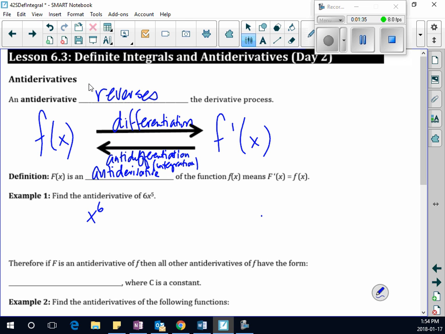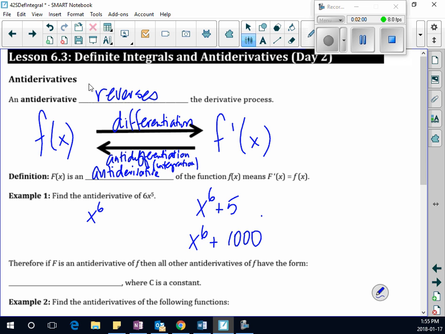Nobody can think of another one? Another form that would give me a derivative of 6x to the power 5? Yes, so x to the power 6 plus 5, x to the power 6 plus 1,000. Any constant would actually work.